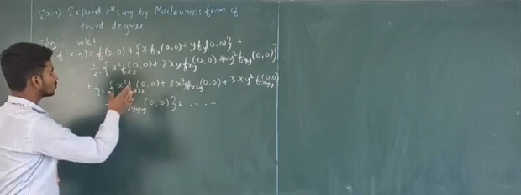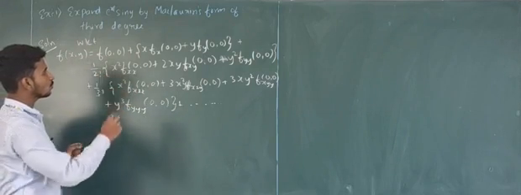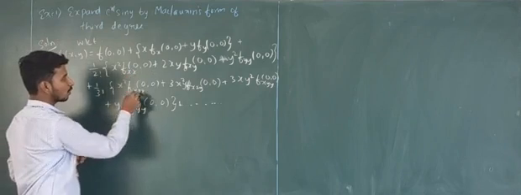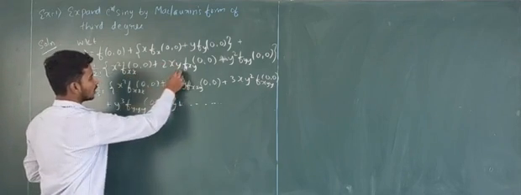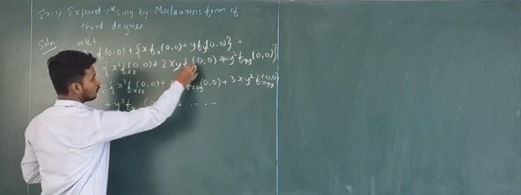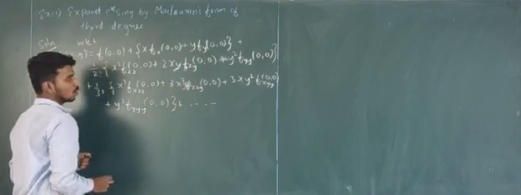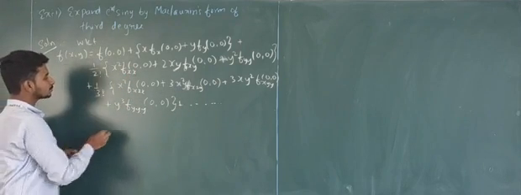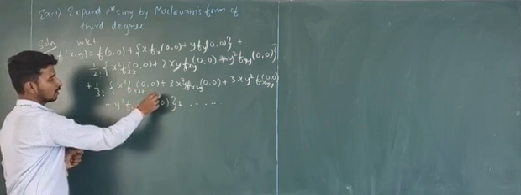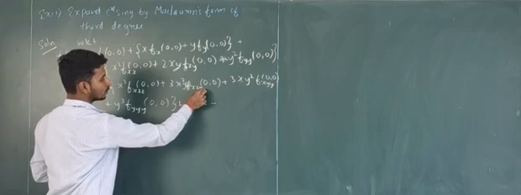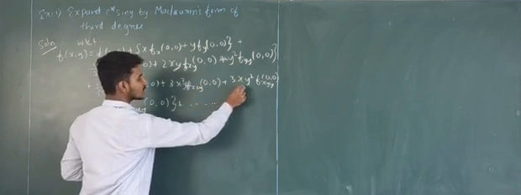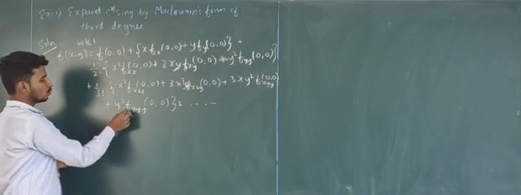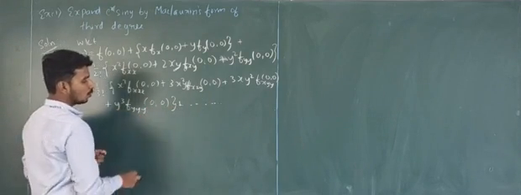So we consider the Maclaurin's form, that is f of x comma y equals f of 0 comma 0 plus x into fx of 0 comma 0 plus y into fy of 0 comma 0 plus 1 by 2 factorial [x square f 2 times with respect to x of 0 comma 0 plus 2xy fxy, function with respect to x and y, of 0 comma 0 plus y square f 2 times with respect to y of 0 comma 0] plus 1 by 3 factorial [x cube function 3 times with respect to x plus 3x square y function 2 times with respect to x and 1 time with respect to y of 0 comma 0 plus 3x y square function with respect to x and 2 times with respect to y of 0 comma 0 plus y cube function 3 times with respect to y of 0 comma 0] plus so on.